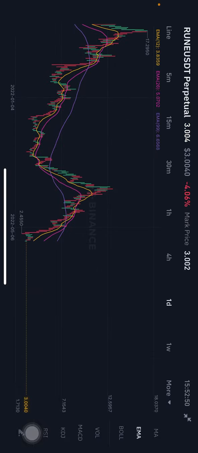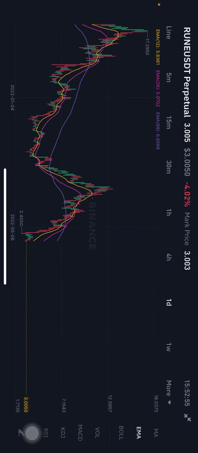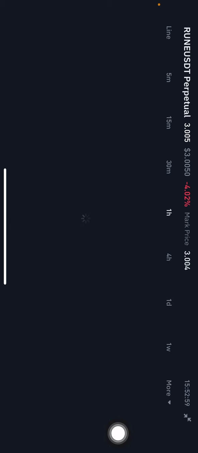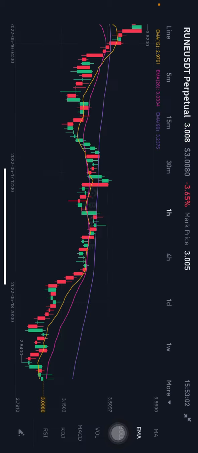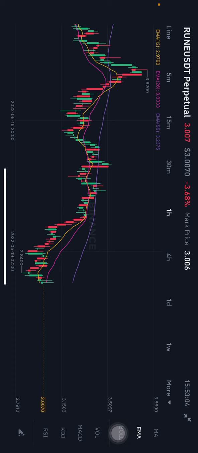Let me increase the brightness. I may decide to draw my trend line here, or I'll leave it and go to my 1 hour chart because I'm scalping, and that's what I actually need. Then I'll draw my trend line.